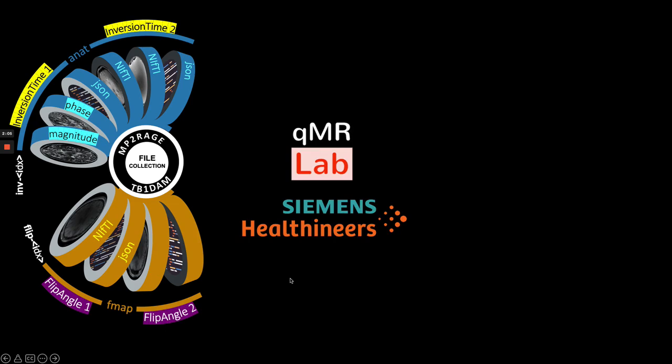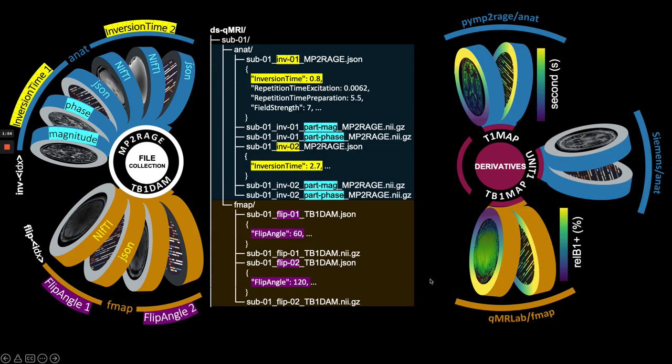We can use qMRLab to generate quantitative maps from this dataset, and there's also a proprietary component that calculates a uniform T1-weighted image from this MP2RAGE file collection, and the derivatives are organized as shown here. Quantitative MRI map units are standardized, supplemented by JSON files that contain provenance records whenever possible.